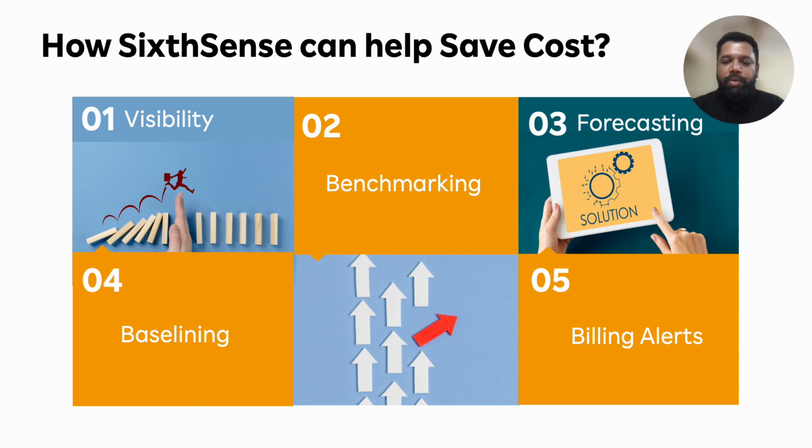And also with SixthSense Observability plus our AI ops, we have an integration with cloud billing APIs as well. So we have usage information, we have historical data, we know the trend, we know the benchmarking, we know the cloud billing. So based on this, we can give you forecasting as well, and also billing alerts as well.